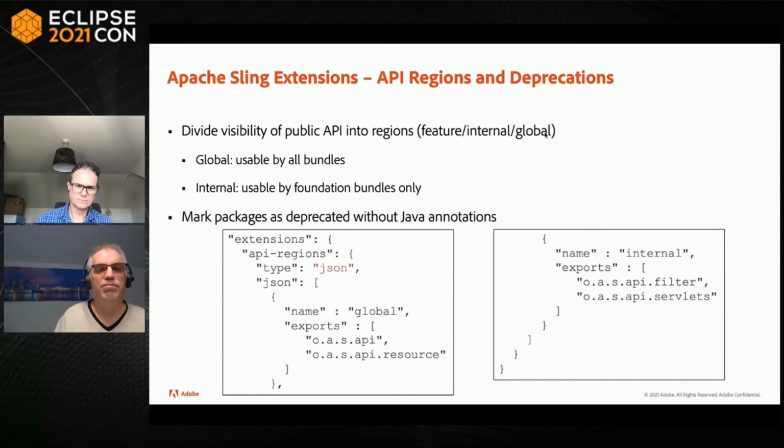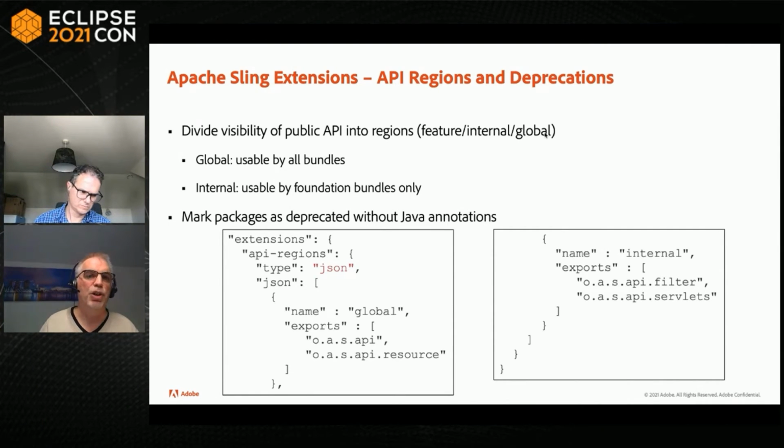Just as an additional feature, we added the possibility to mark a whole package as deprecated without requiring to add the annotations to the source and recompiling that project. This is, for example, pretty useful if you think about you're providing a framework to others and you want that they migrate, for example, from, I don't know, HTTP client version 3 or 4 to version 5, the latest one, right?